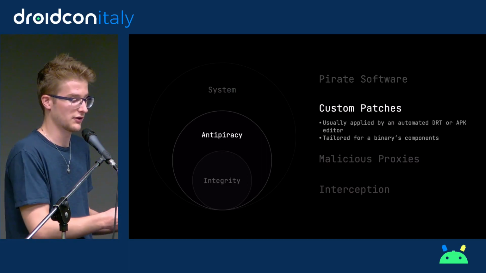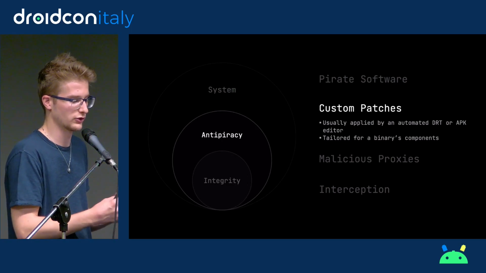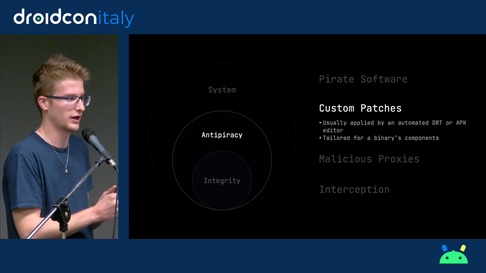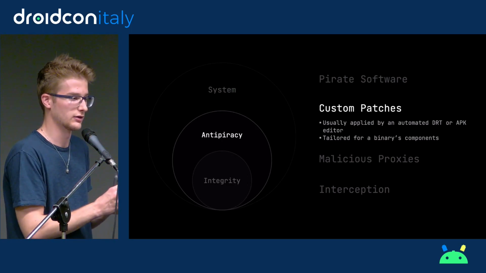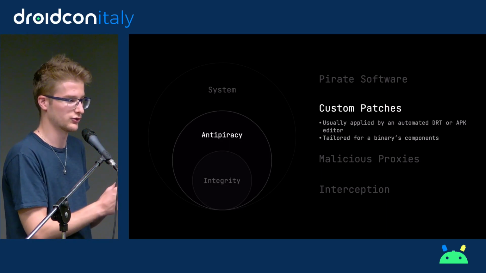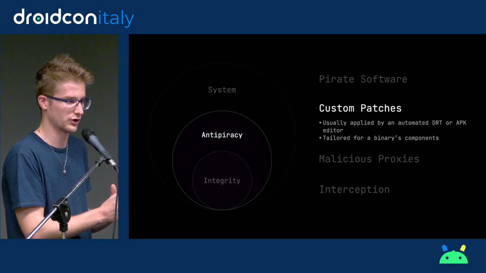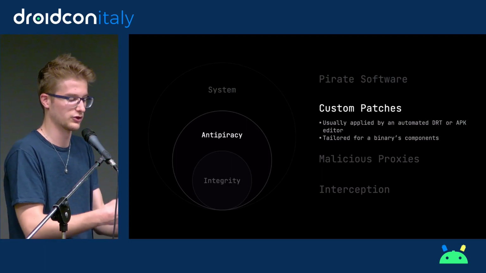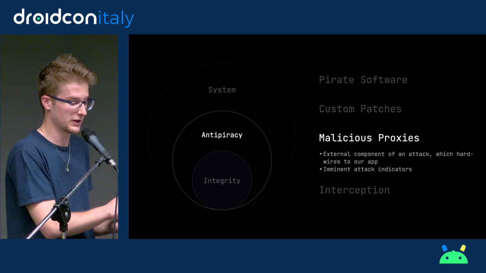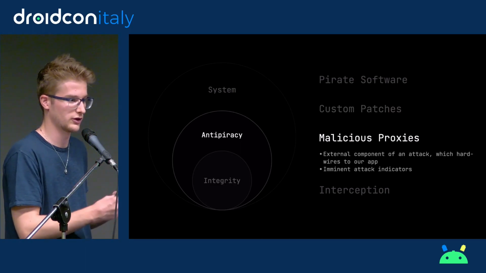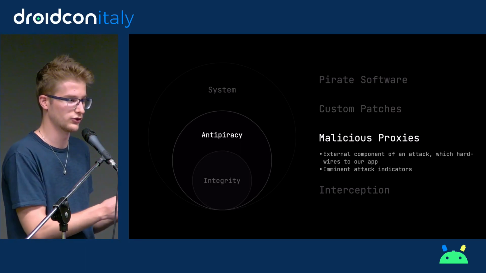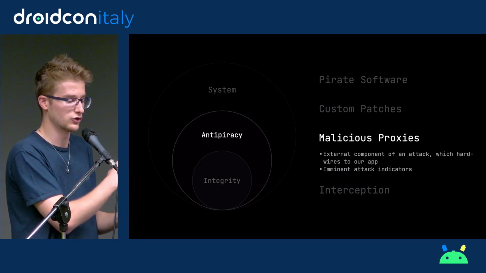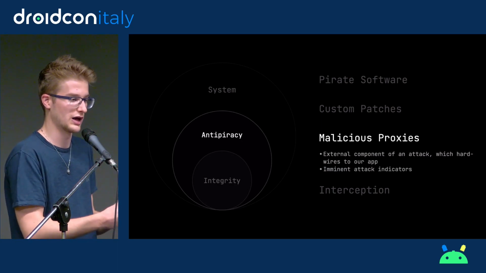And you can have custom patches, which is a way to say that a tool applies a patch to your software, modifying a component of it to make it do something you didn't program it to do. Then you may have malicious proxies, which are components used by pirate software to interact with your application.